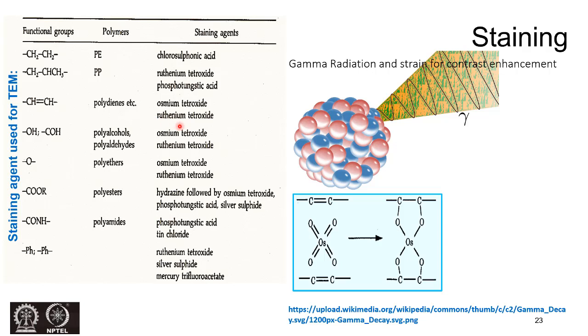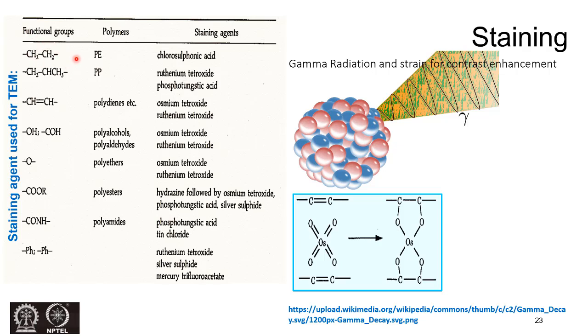Then we also can stain the material to bond with a certain molecule, and then we can observe the changes which are happening, in the functional groups which are present in our material.